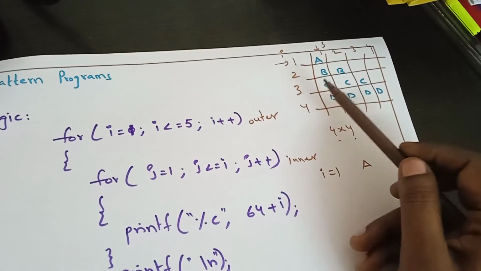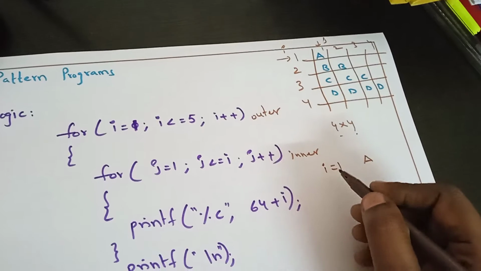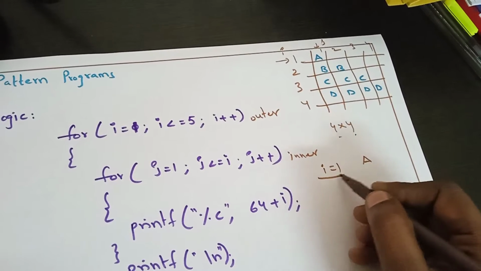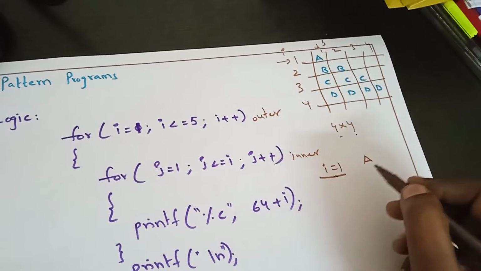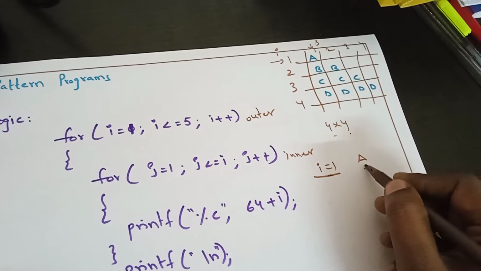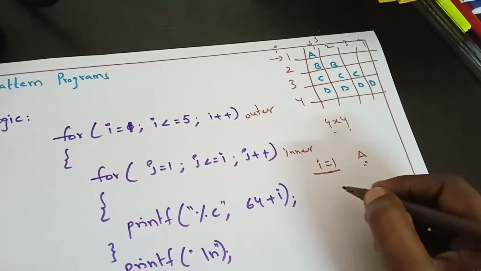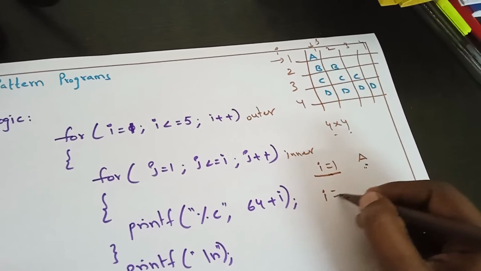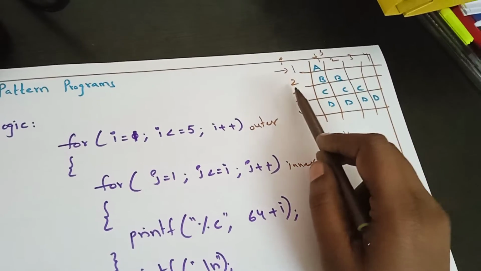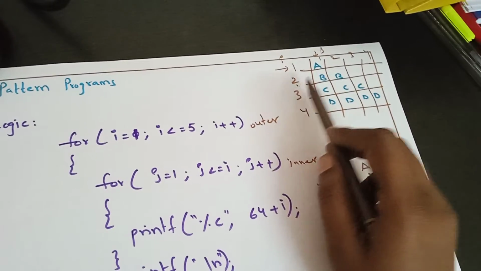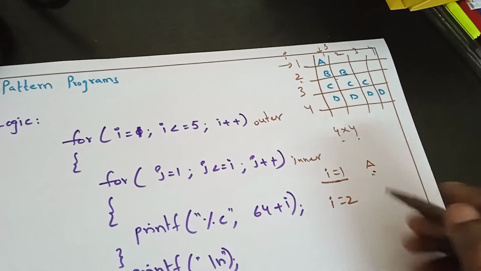Now the logic of this program is, when I is equal to 1, that is when you are going for the first row, how many characters do you want to print? Only one character, right? Now when I is equal to 2, this is my second row. How many values do you want to print? 2 values.